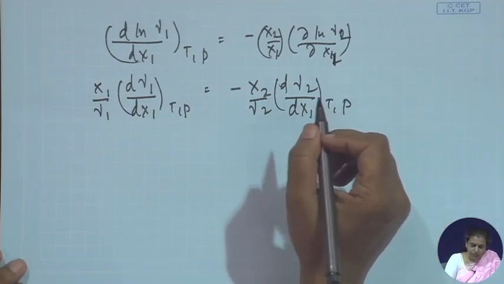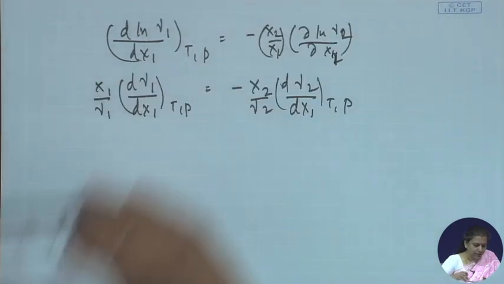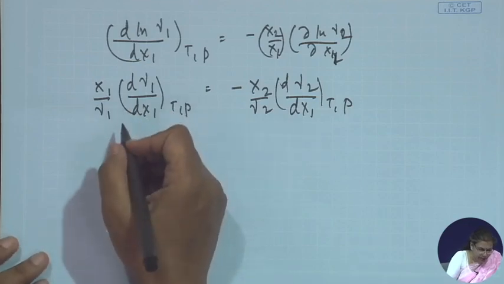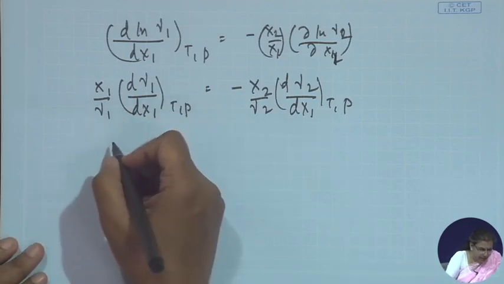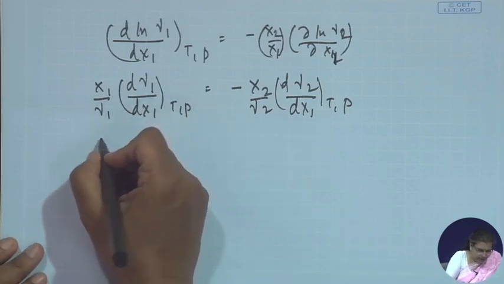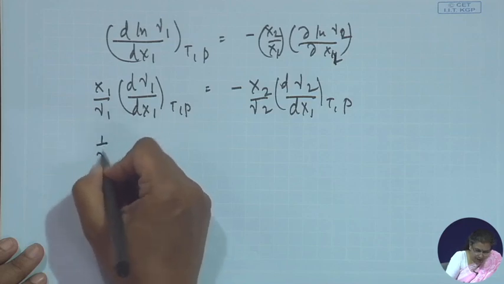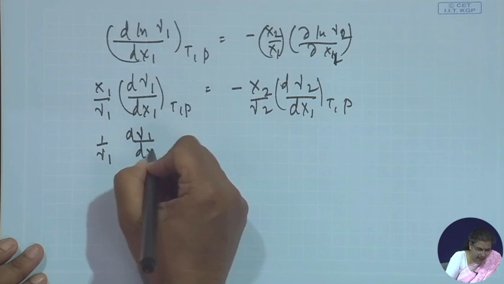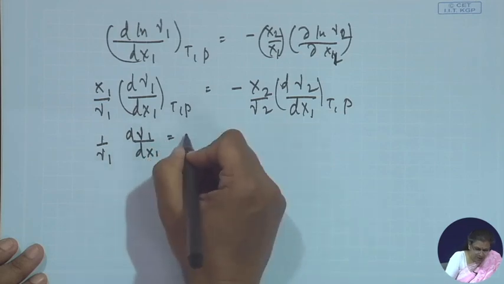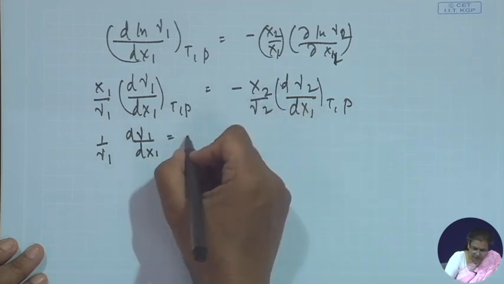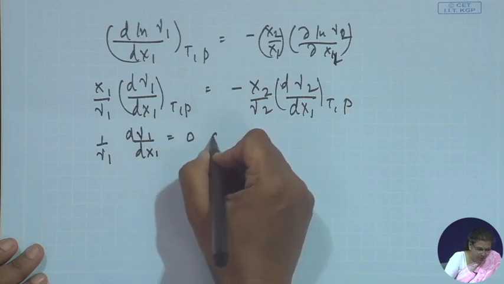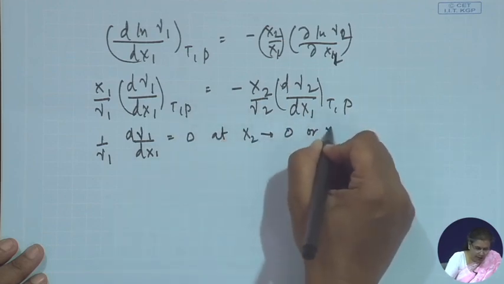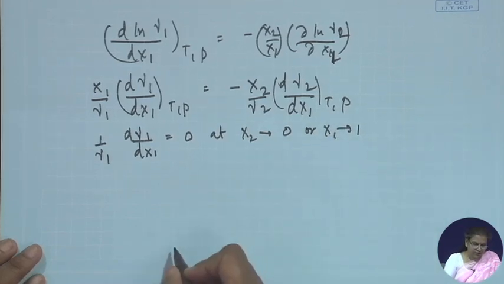I can write it in this form also: 1 by gamma 1 d gamma 1 dx1. Is this not equal to 0 at x2 tends to 0 or x1 tends to 1?